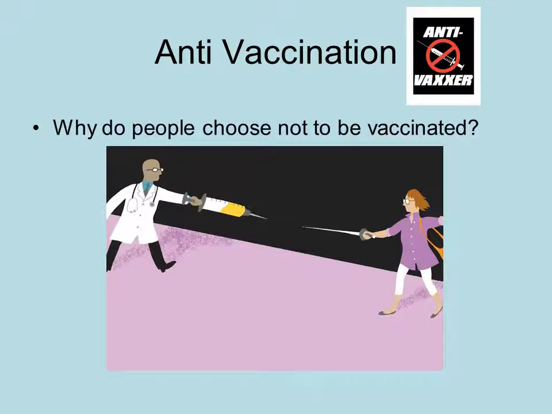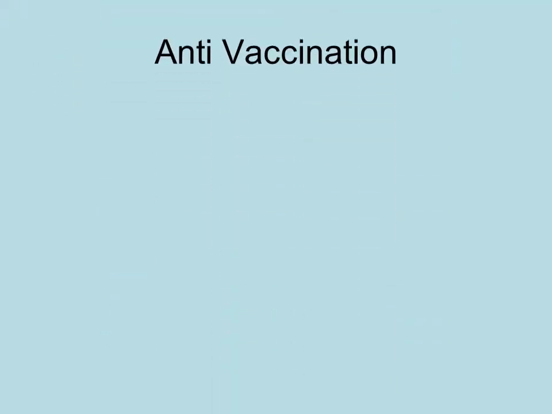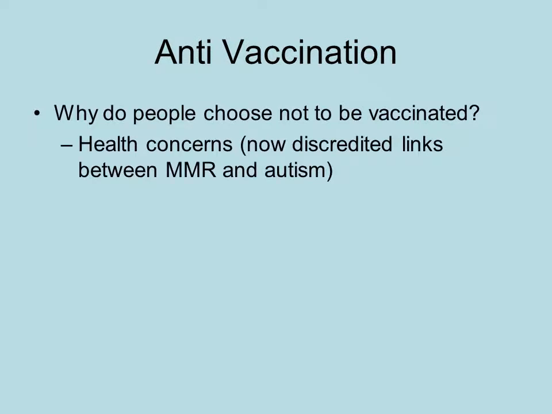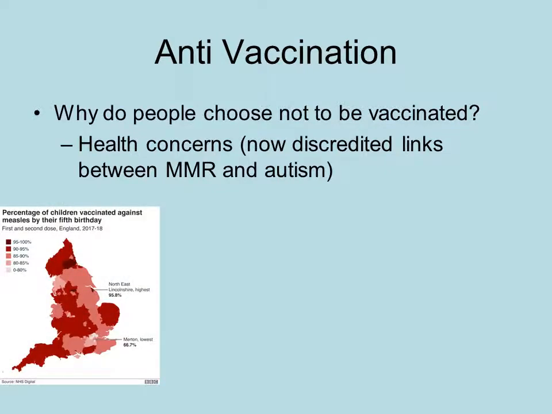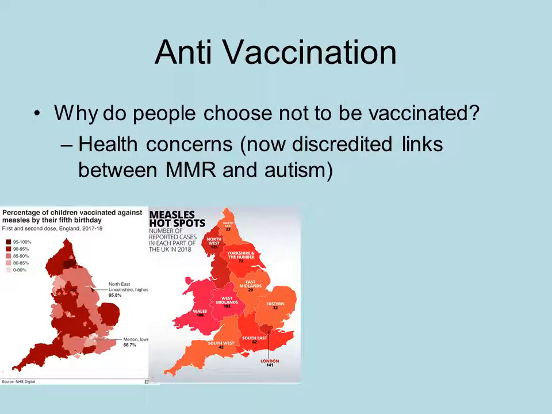So why do people choose not to be vaccinated? Firstly, people are concerned about the vaccination and how it might affect your health. So there were a lot of discredited links between the MMR and autism. In this map, it shows you the numbers of people that became vaccinated, and in this map the numbers of people that developed measles.